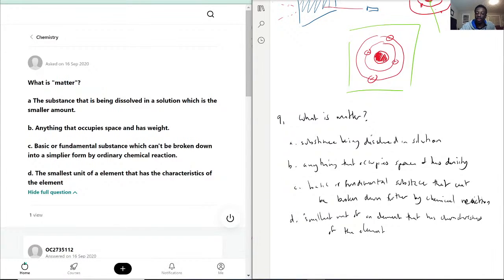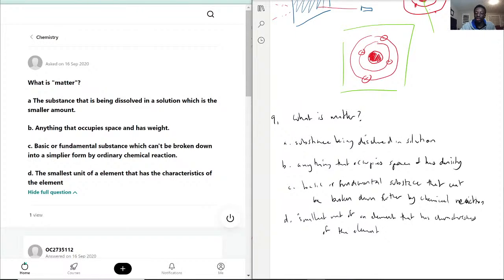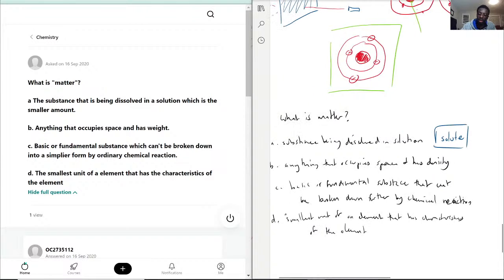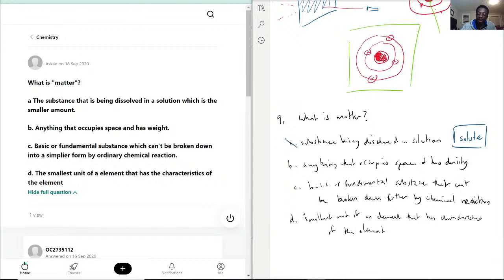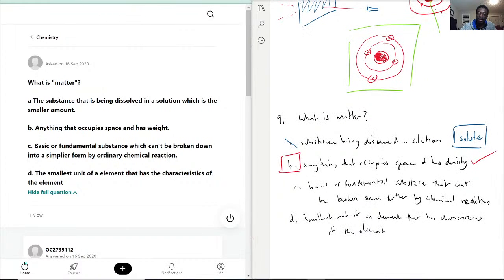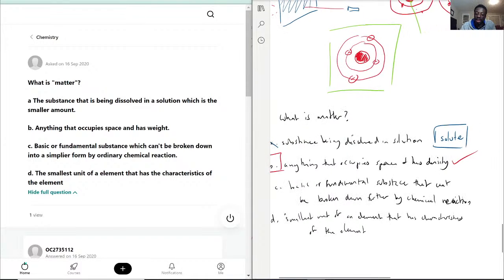So with this being said, if we go through this, matter: a substance being dissolved in solution would actually be a solute. A solute is what's being dissolved, and the solvent is what it's dissolved in. So this is not going to be A. B, anything that occupies space and has density, is pretty close to a definition of matter as I've seen one, and that is the goal here. C, a basic or fundamental substance that can't be broken down further by ordinary chemical reaction, sounds like an element, not too sure about this.